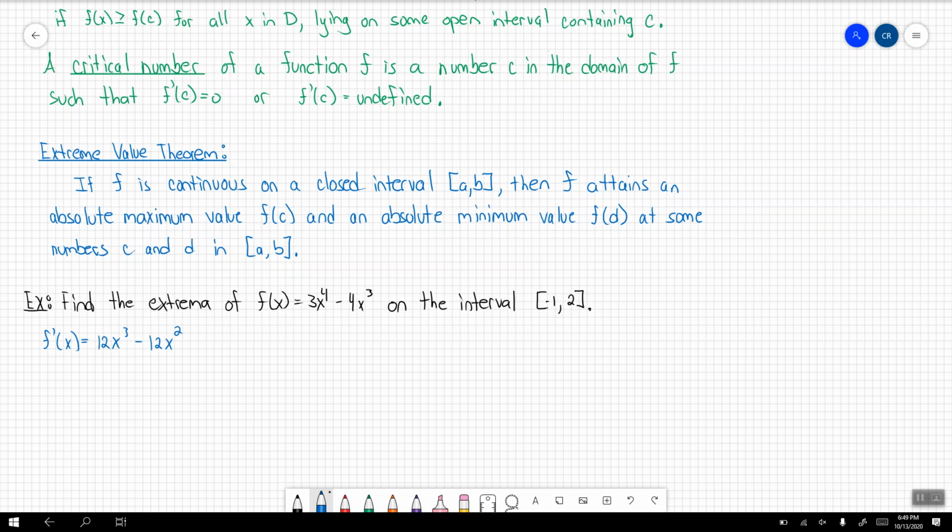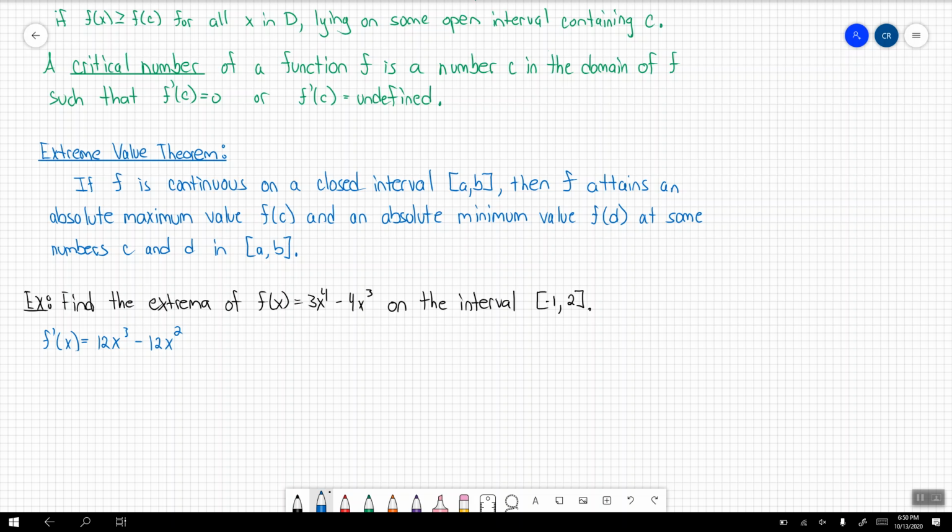Perfect. Now we're going to find the critical numbers by setting this function equal to 0. We could either set the derivative equal to 0, or try to find where the derivative is undefined. However, this derivative will never be undefined because it is continuous on the real number line.